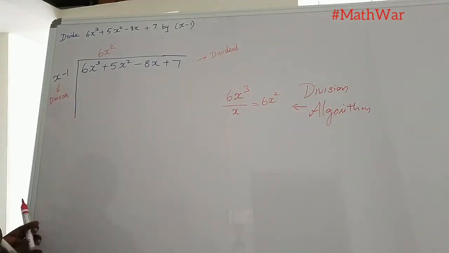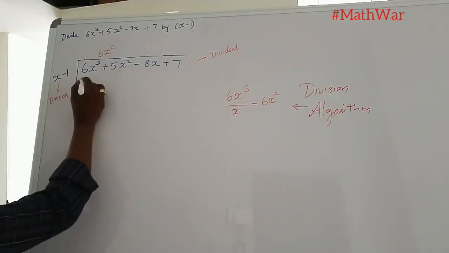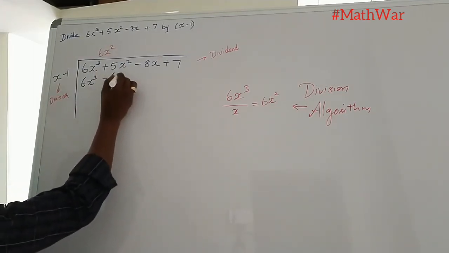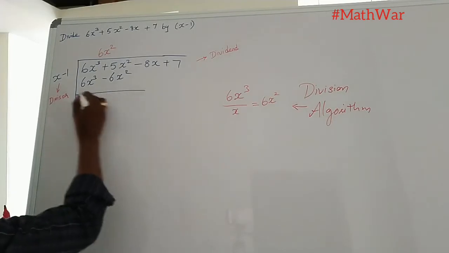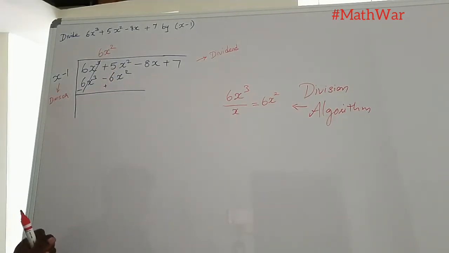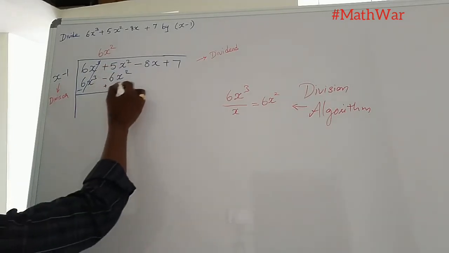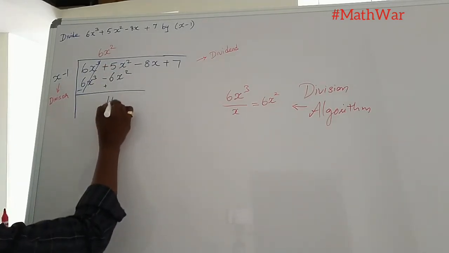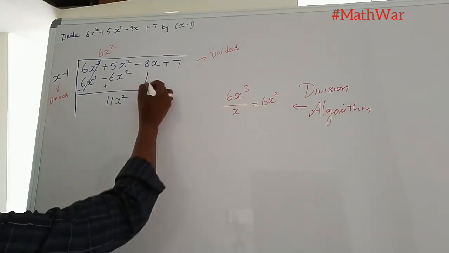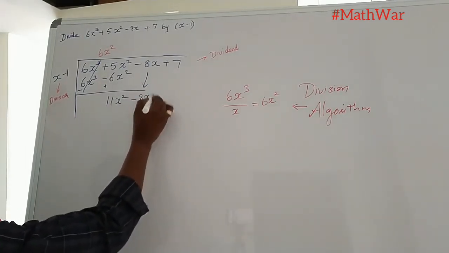If you multiply, what will we get? 6x square into x is 6x cube. 6x square into minus 1 is minus 6x square. Now, by changing the sign, 6x cube will get cancelled. Now, plus 5x square plus 6x square comes as 11x square, and the next term we can bring down, it is minus 8x.